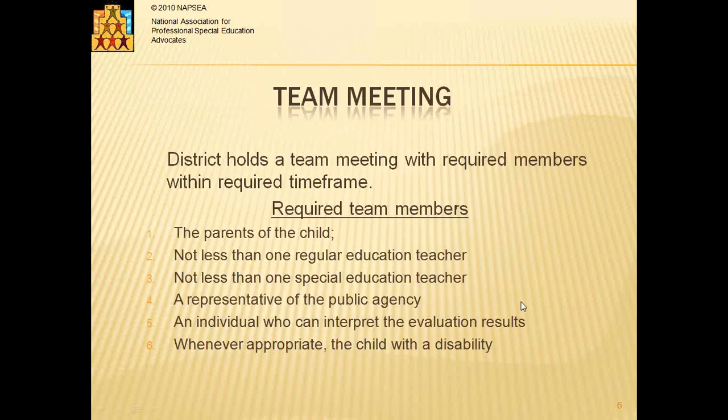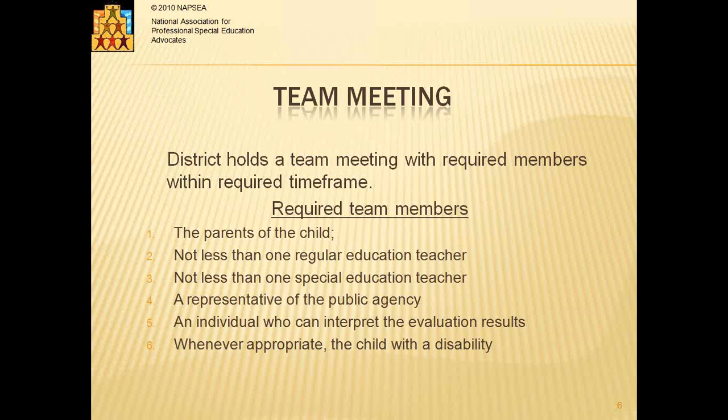So the team meeting is held. There are certain required members, and they must hold it within a required time frame. I suggest that you review your state regulations, and you can find them listed at your State Department of Education website. There are certain required members of the team: parents of the child, and the child when appropriate.